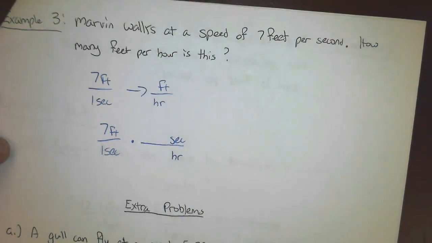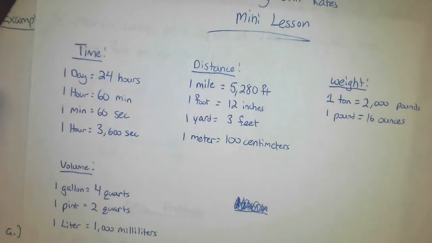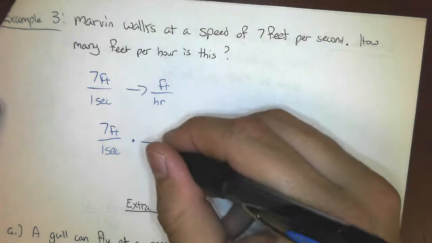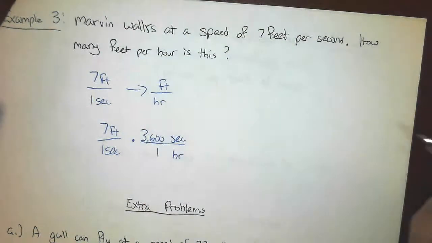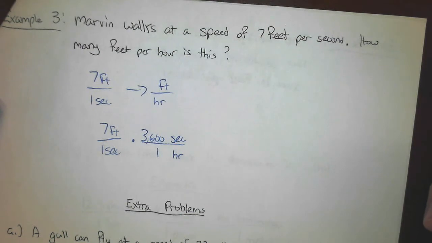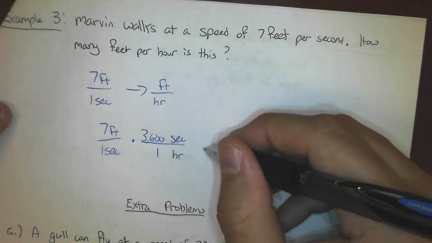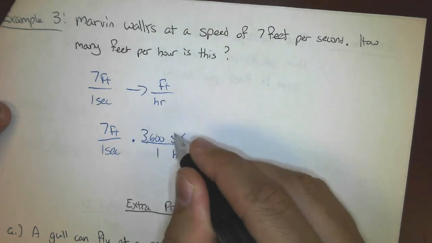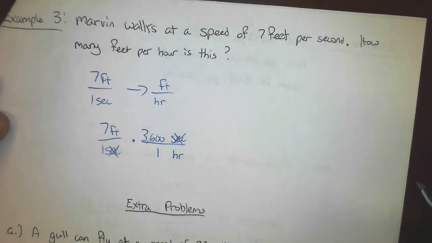So, just like in my table, 1 hour equals 3,600 seconds, I can plug those numbers right into this equation. 1 hour equals 3,600 seconds. So, saying that, I've got seconds both here as a numerator and the denominator, so I'm going to go ahead and divide those out.